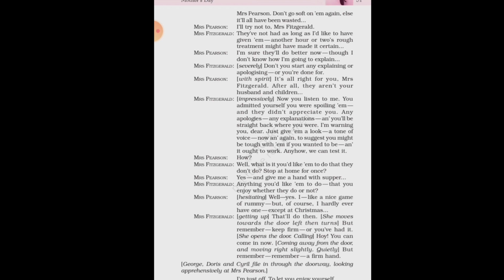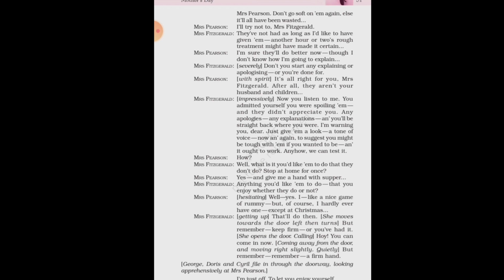Mrs. Fitzgerald: Well, what is it you'd like them to do that they don't do? Stop at home for once? Mrs. Pearson: Yes, and give me a hand with supper. Mrs. Fitzgerald: Anything you'd like them to do that you enjoy whether they do or not? Mrs. Pearson, hesitating: Well, yes, I like a nice game of rummy, but of course I hardly ever have one, except at Christmas.